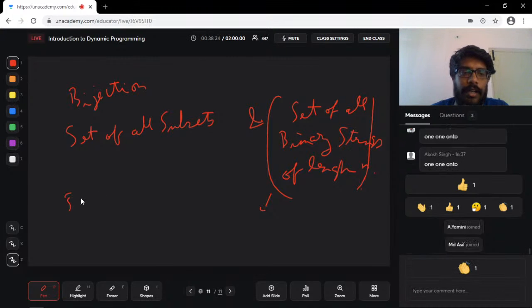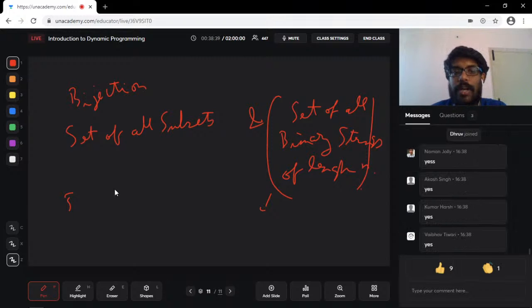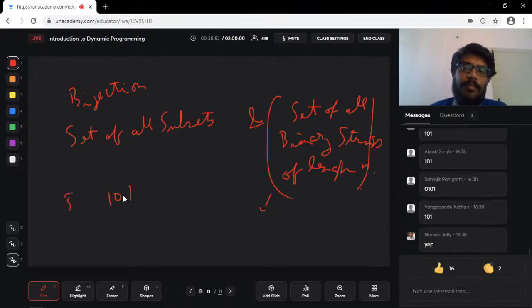Like 5 is the decimal representation. The binary equivalent of this is going to be 101, exactly. So it's 4 plus 0 into 2 plus 1, which is 5, right? Keep this in your mind, and now look at this second half, set of all binary strings of length n.